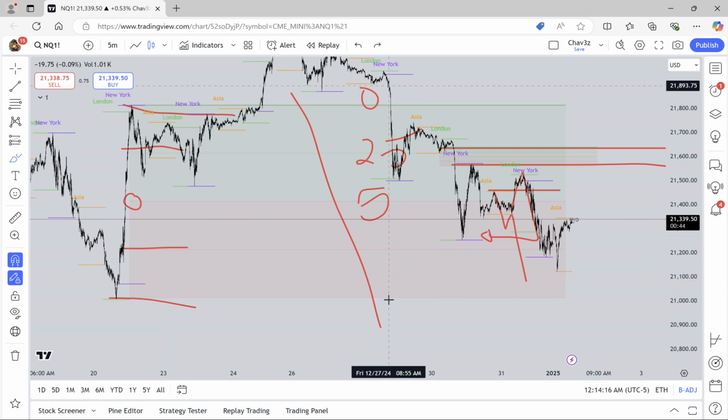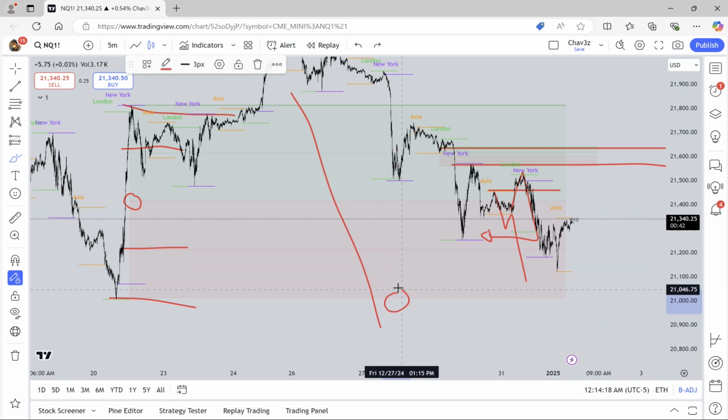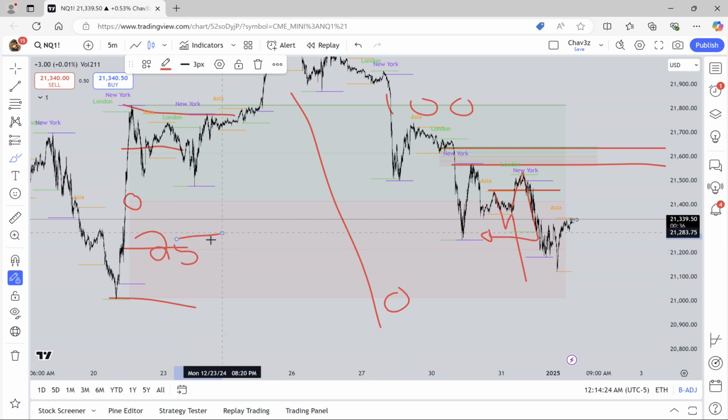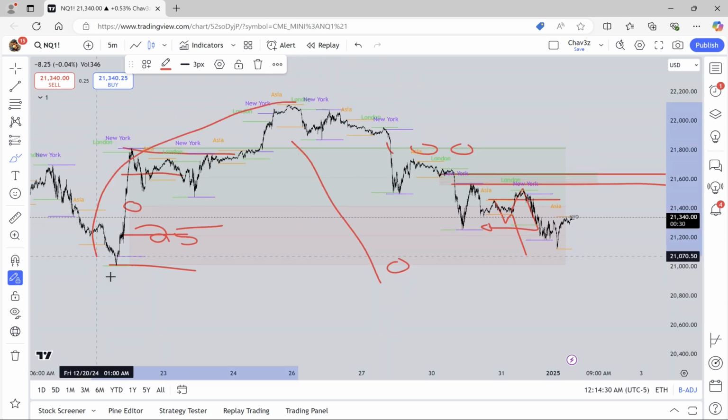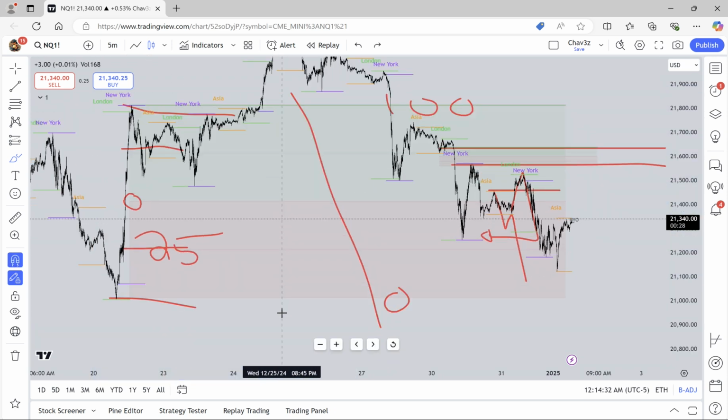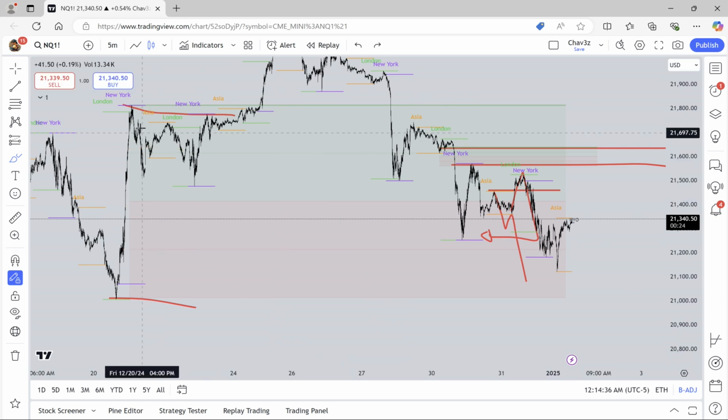And if you're looking at it from the opposite way, this would be your 0, this would be your 100 with your quarters. So what I wanted was for us to hit this 25% of the whole range of the 20th, not the range of the market.